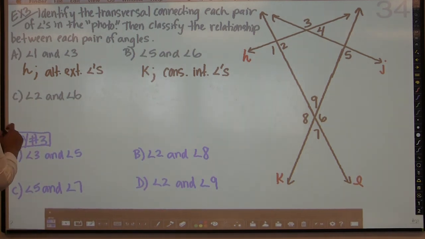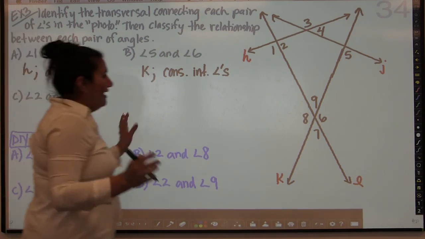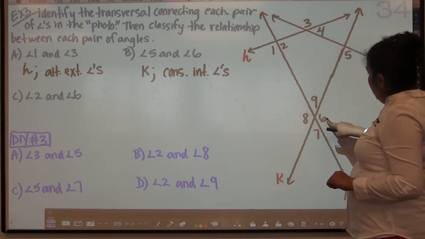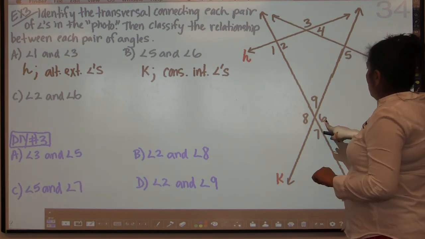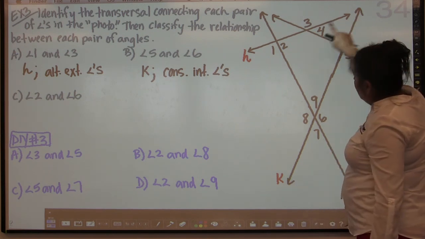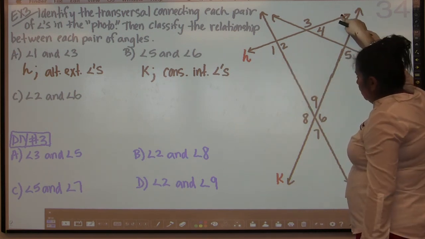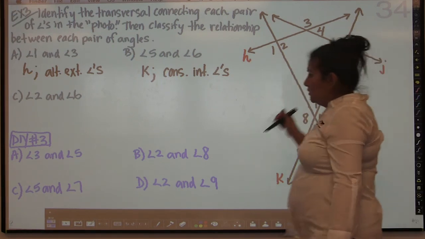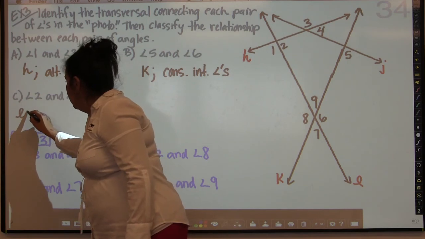And then we have our last one, which is angles 2 and 6. So I need to go find 2 and 6. Here's angle 2 and here's angle 6. The two lines that are in play here are line K and line H. So the transversal that crosses both of those lines is line L. So we're going to put line L over here.